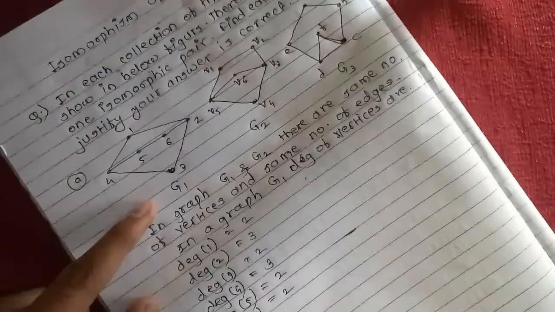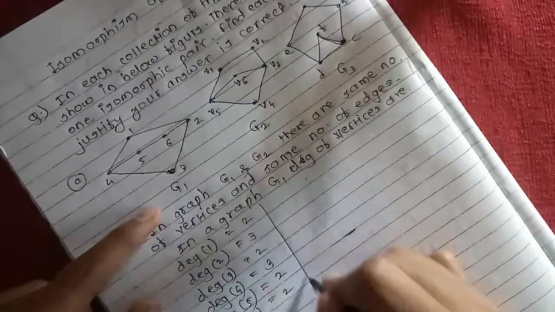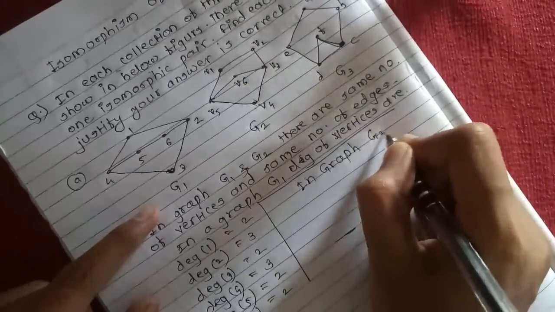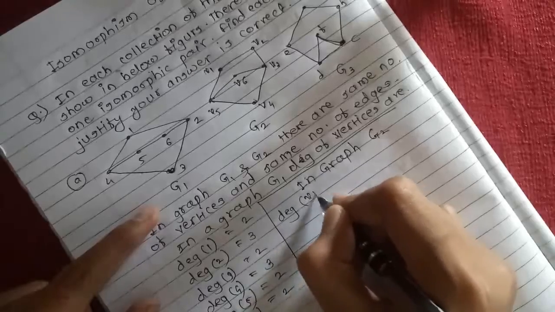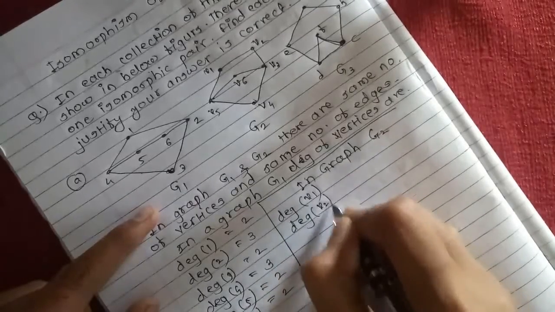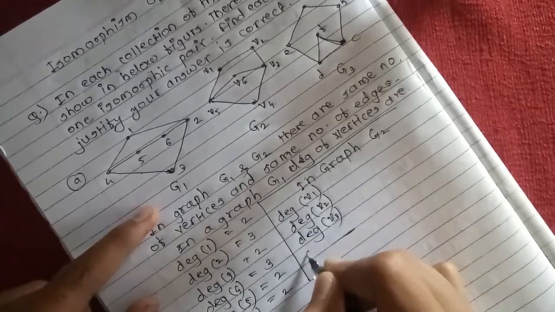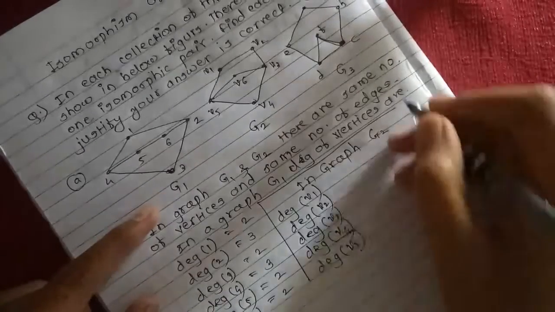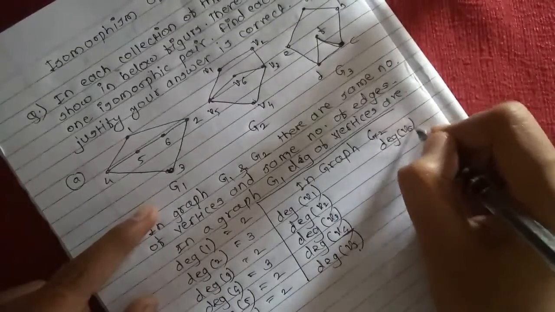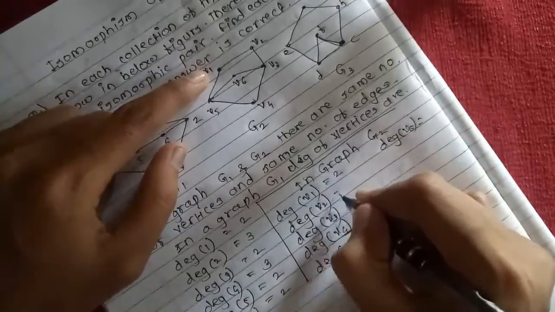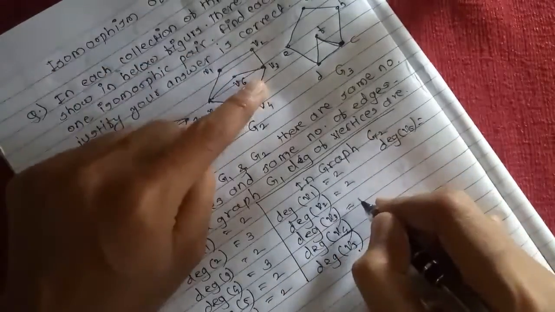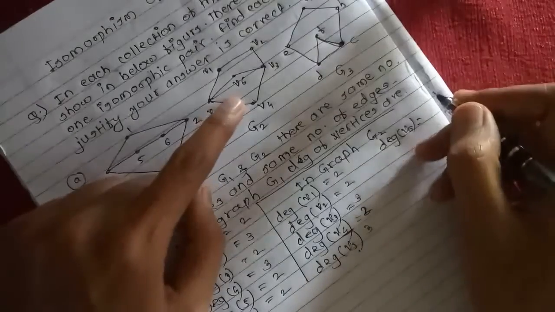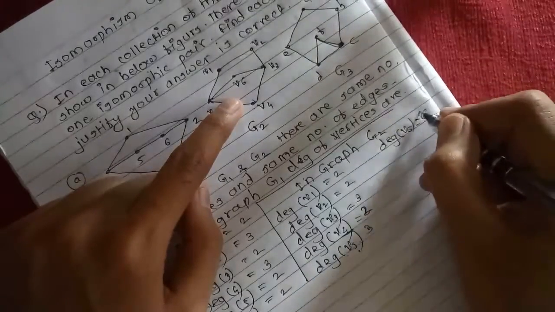Now in graph G2, degree of V1 is 2, degree of V2 is also 2, degree of V3 is 3, degree of V4 is 2, degree of V5 is 3, degree of V6 is 2.